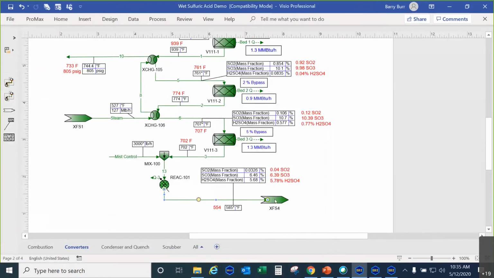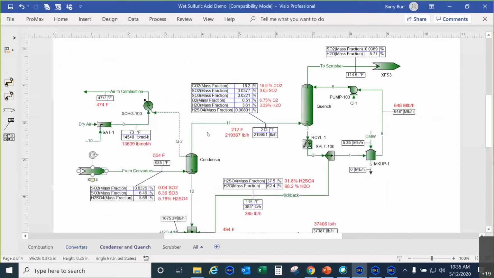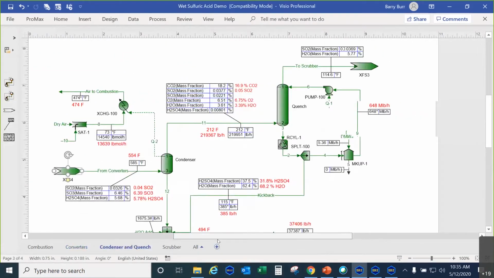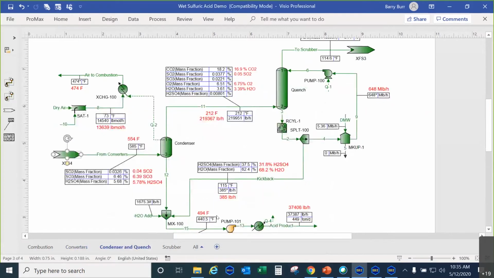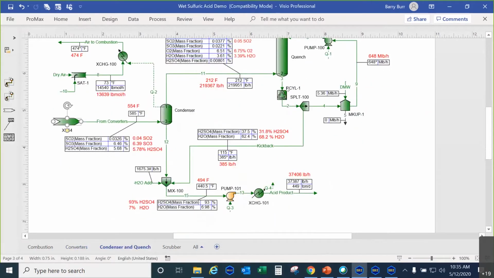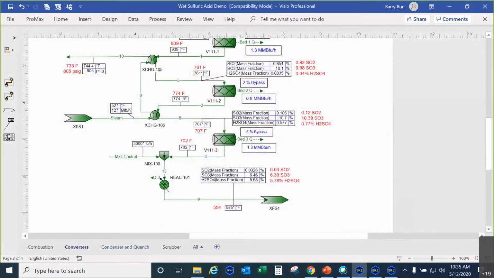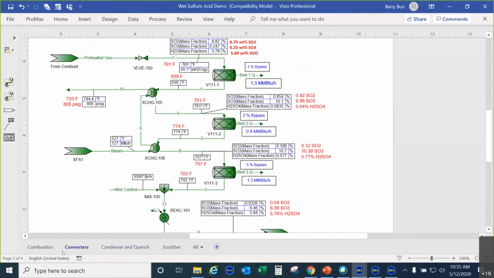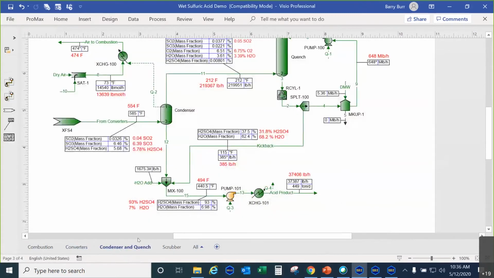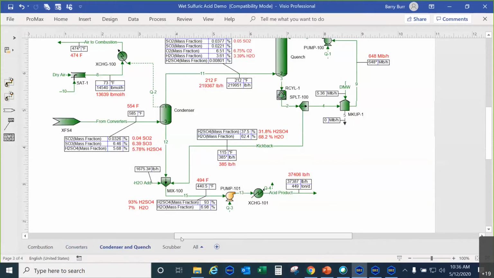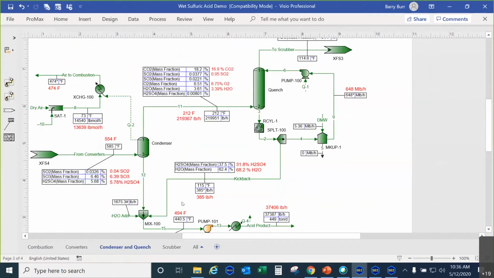And those proceed to the condensing section and the quench. In the converter section, we were using Peng-Robinson again, just as we were with the combustion section. But now that we're in the condenser section, we're switching to NRTL with the Laliberte enhancements for molar enthalpy and molar volume.